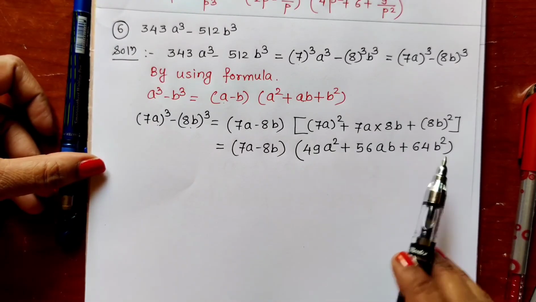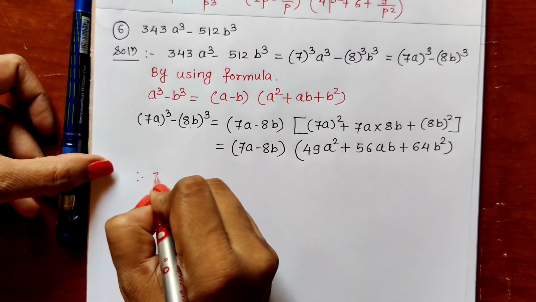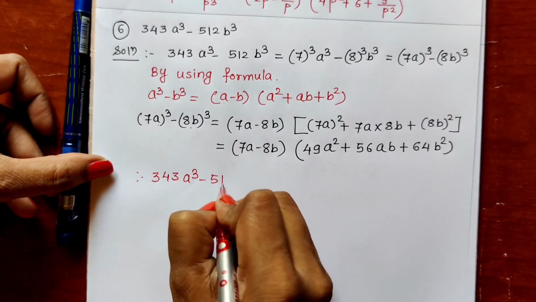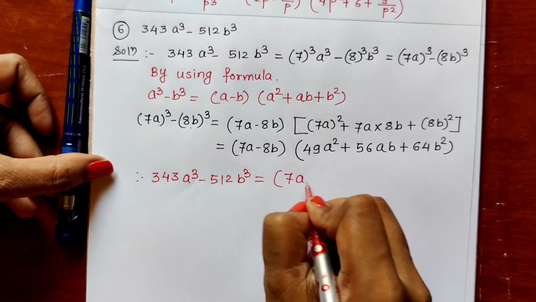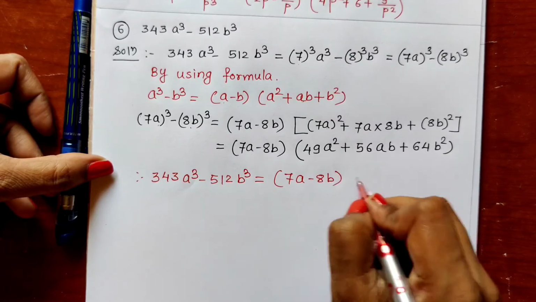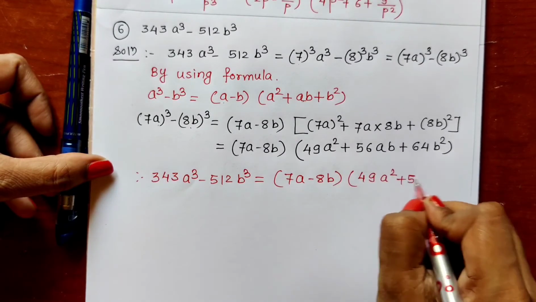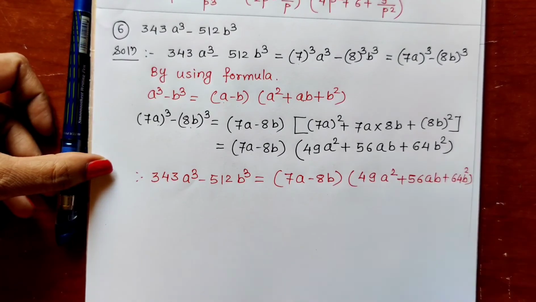So this is as it is. This is the answer. Therefore, 343 a cube minus 512 b cube, answer is, factors are 7a minus 8b in first bracket, 49a square plus 56ab plus 64b square in the second bracket.